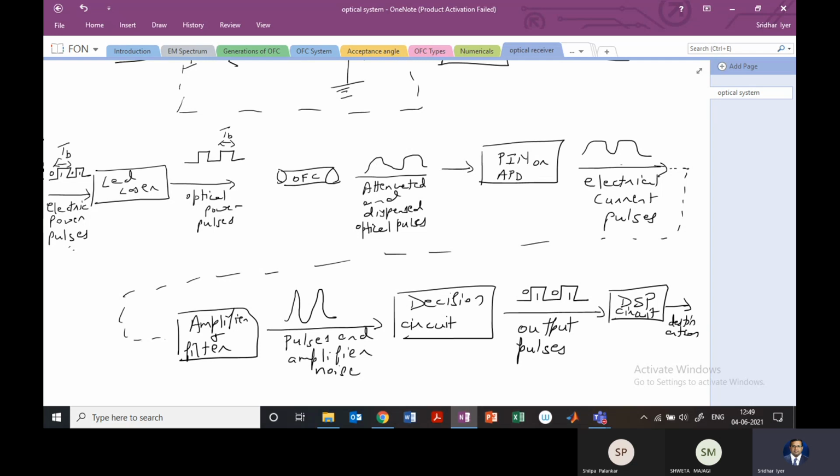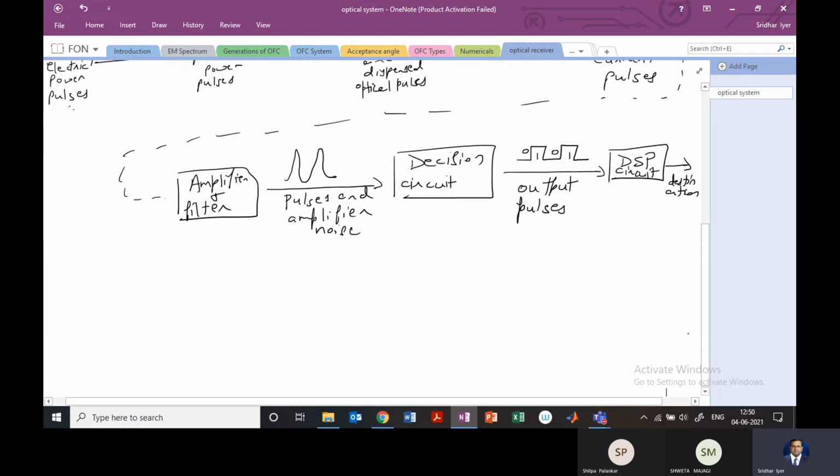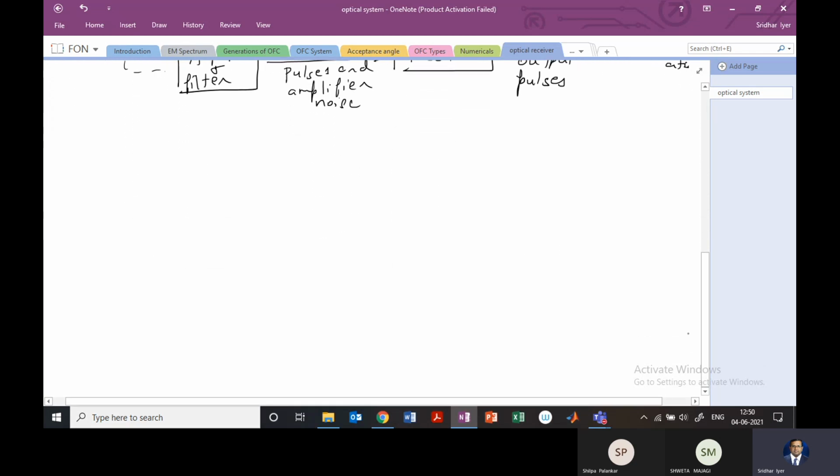But what we want to really understand is what is happening in this receiver part, right? That is after the conversion of the optical received pulses into the electrical pulses, right? So in terms of the receiver, the first element which we have is obviously the photodetector, and the photons are impinging on this, and what you have here is the OFC, right?